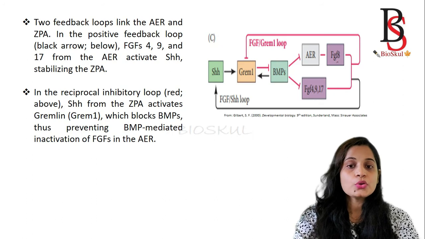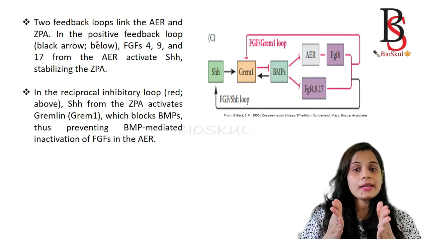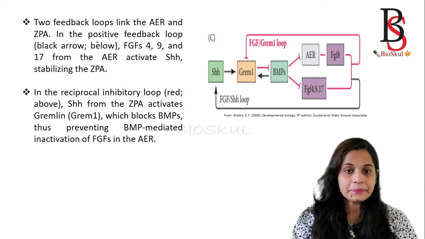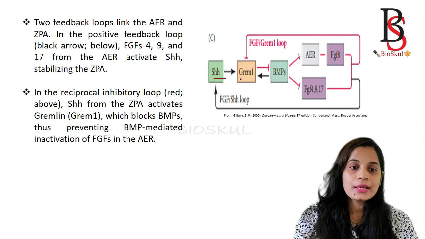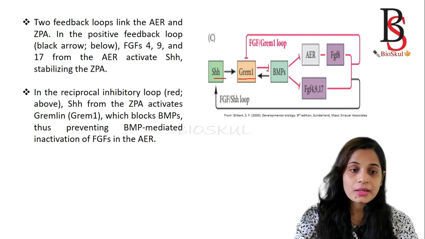Now see the two feedback loops that link the AER and ZPA. Okay. So first you see this is the sonic hedgehog protein. It will activate the GREM1. Then what is the function of GREM1? It will inhibit the BMP. As it inhibits the BMP, then what will happen?